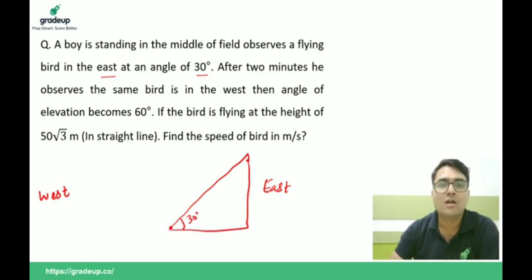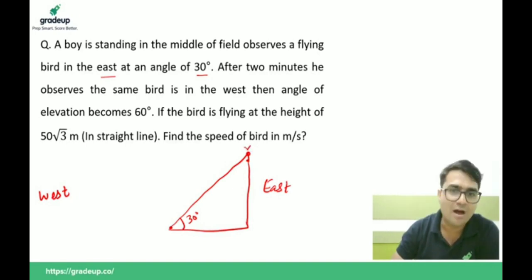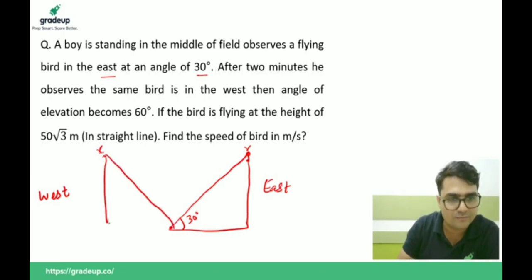All right. Now, after 2 minutes, he observes the same bird. Bird is here. After 2 minutes, he observes the same bird in the west at an angle of 60 degree. All right.